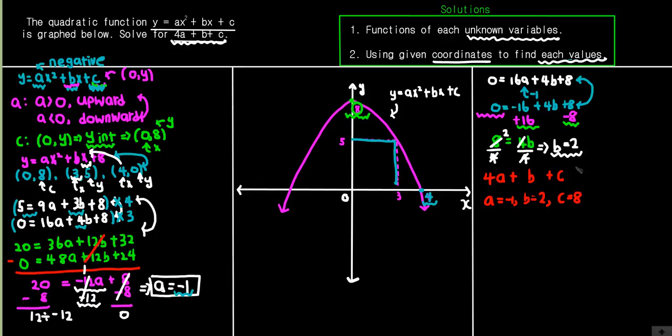So all you have to do is input the values, and then multiply by 4 to make a perfect form. For the 4a, we input the value of a, which is -1, then for b, we add 2, and for c, its value is 8, so we add 8. 8 plus 2 is 10, minus 1 turns into positive 9. Our answer for this question is a positive 9.